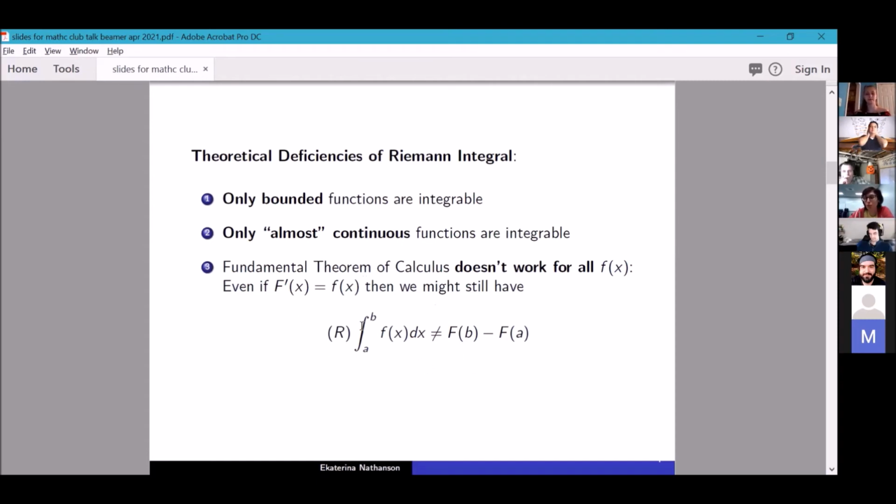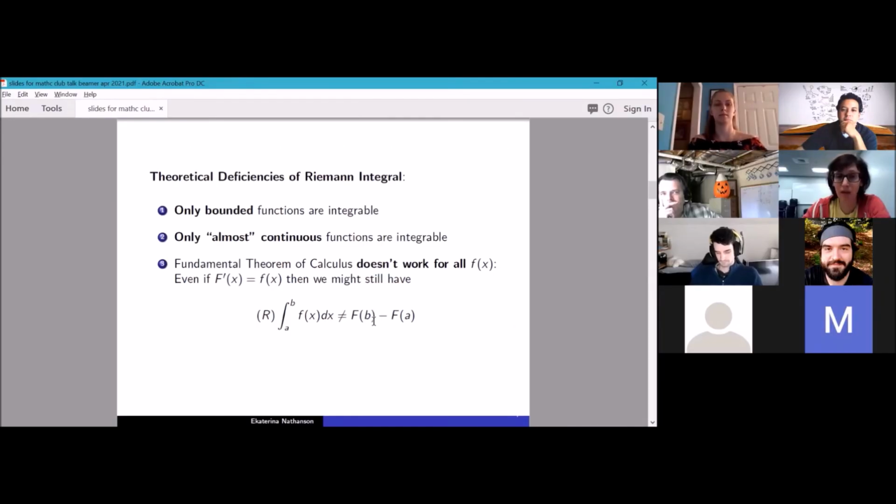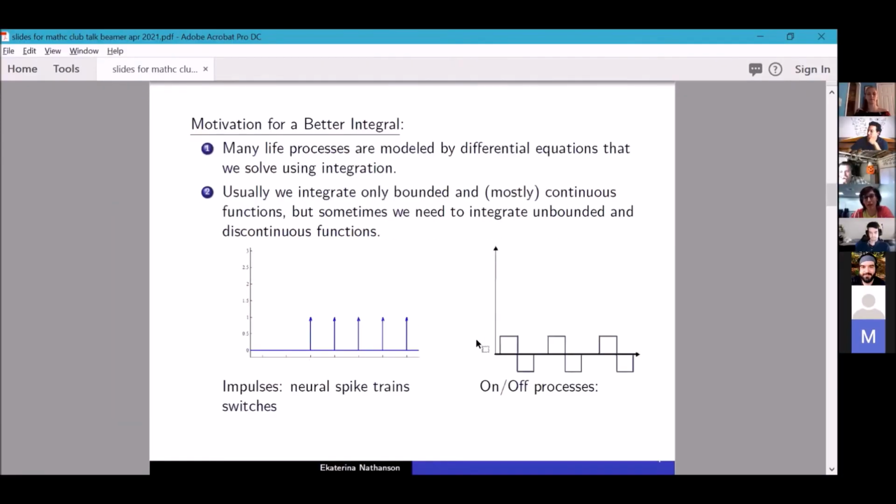This is the formula that we typically use to evaluate the integral. The integral is the difference of the antiderivative evaluated at the endpoints. But there are certain conditions that we put on these functions that make the class of functions that we can integrate smaller than we possibly want. Everything comes from applications, and we always want to improve the theorems we have.